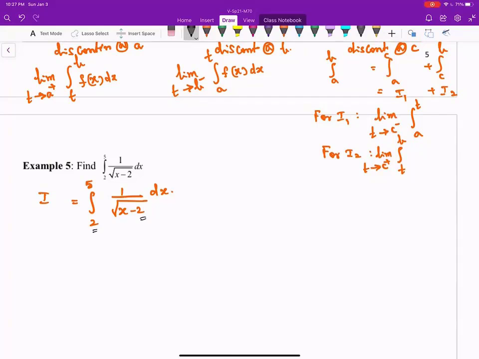The integrand f(x), which is equal to 1 over the square root of x minus 2, is discontinuous at x equals 2, which is the lower bound of the integral.